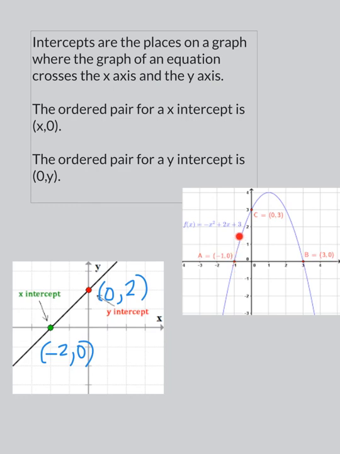As I keep moving, here's a y-intercept, (0, 3). And as I keep moving even more, here's another x-intercept, (3, 0). So intercepts, those are the places where the graph crosses the x-axis and the y-axis.